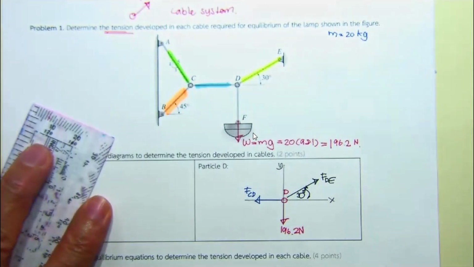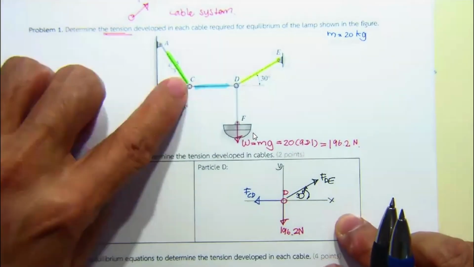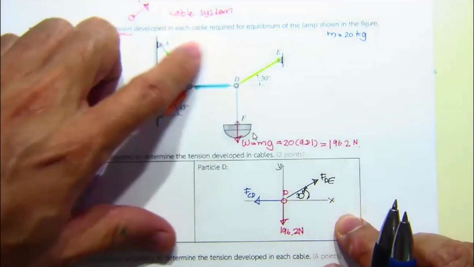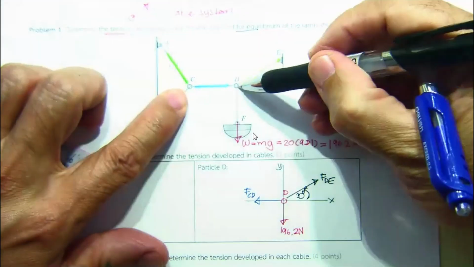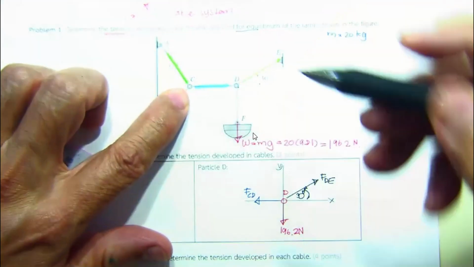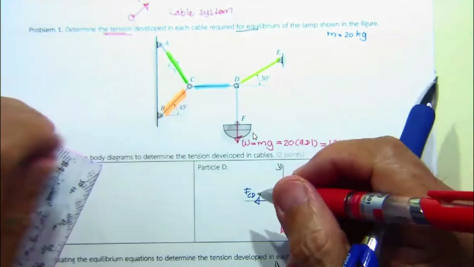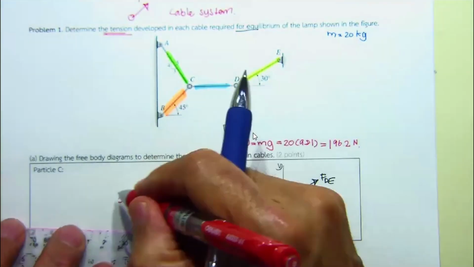Next, you move to another joint. The whole cable system will be in equilibrium if the joint is in equilibrium, so joint C is in equilibrium. We represent it by the particle C over here.